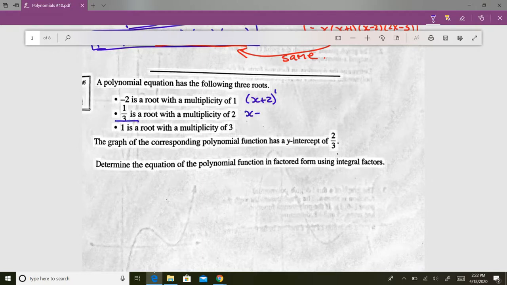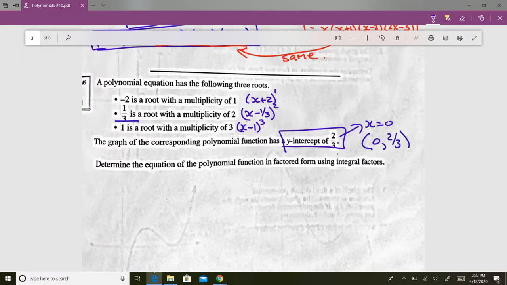So that means it's x minus a third with multiplicity of 2. 1 is a root with a multiplicity of 3. So that means x minus 1 with multiplicity of 3. The graph has a y-intercept of this. If they say y-intercept, that means x is 0, which means we have coordinates (0, 2/3). Okay.